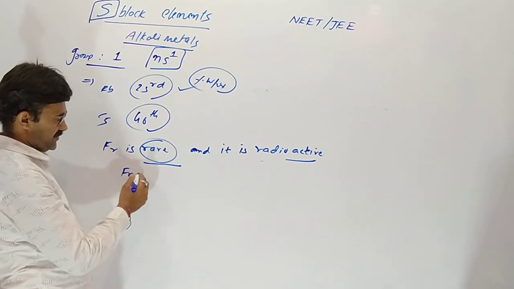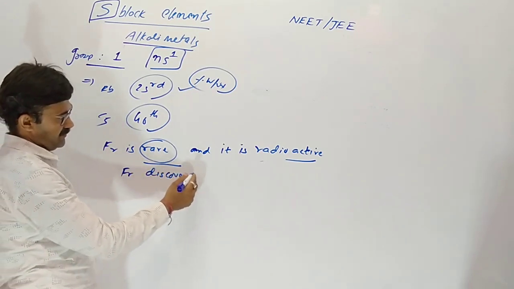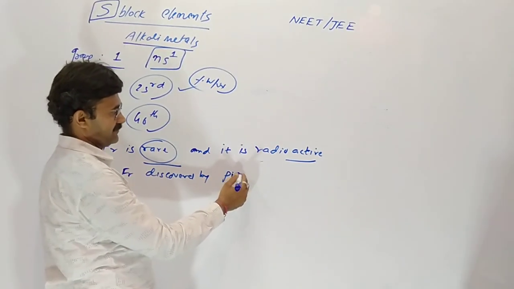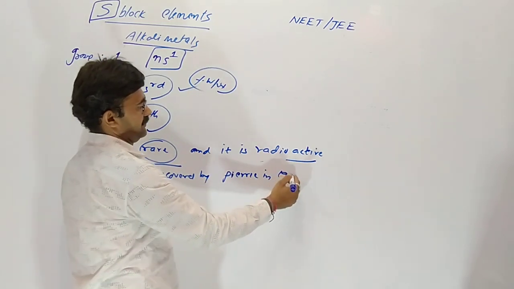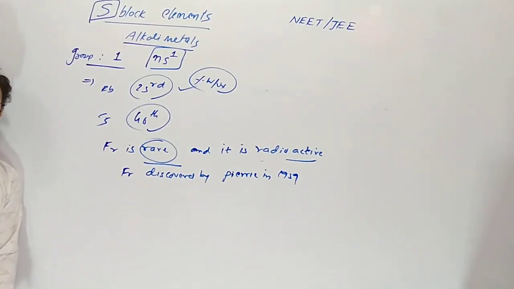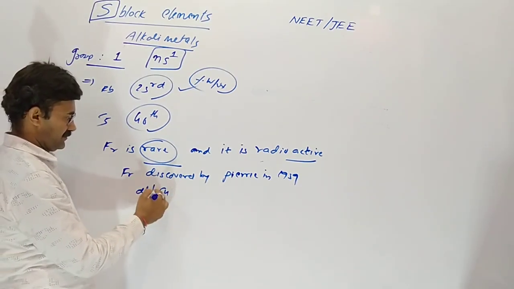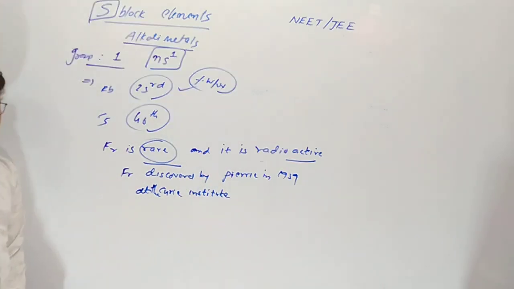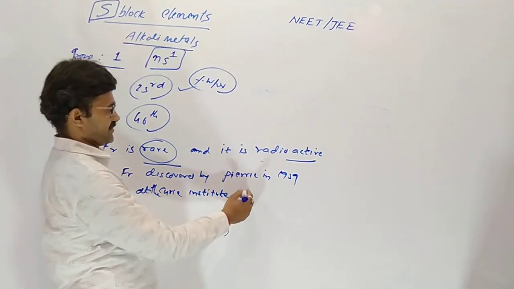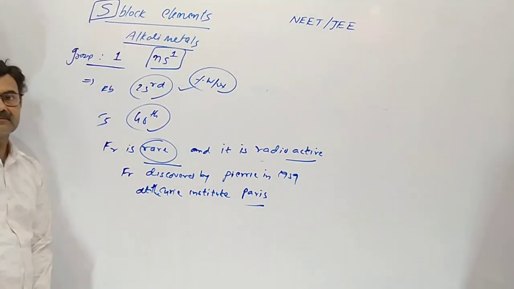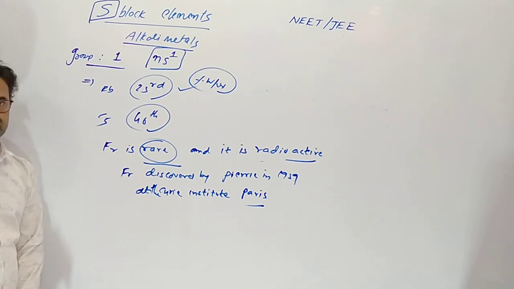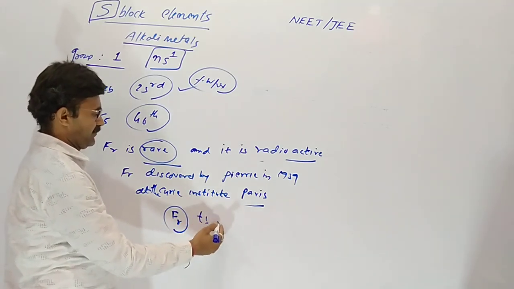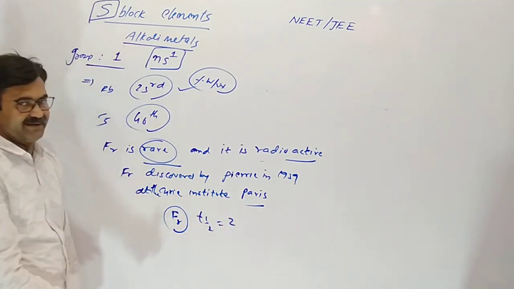Francium was discovered by scientist Perey in the year 1939 at the Curie Institute, Paris. The isotope of francium with the longest half-life has a half-life of only 21 minutes.